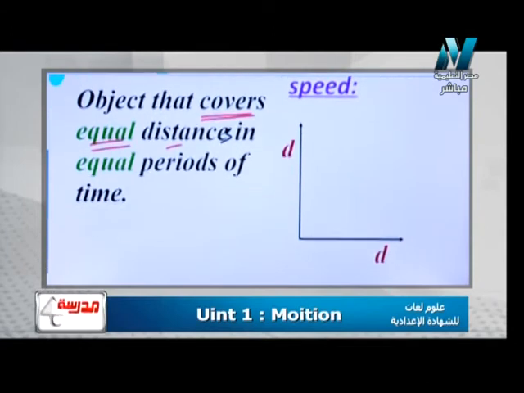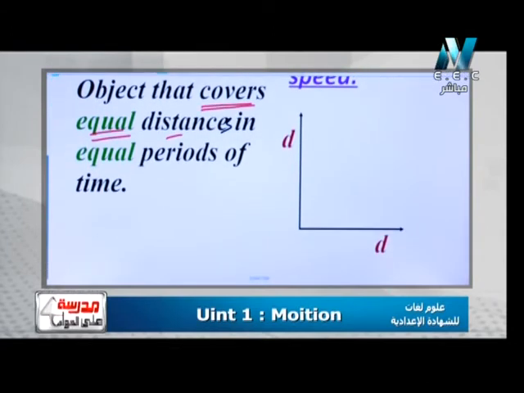So how can we represent this relation, or the uniform speed, by using a graph? When I use the graph, we have two axes: we have the distance axis, and on the other side we have time. Time t is at the bottom.